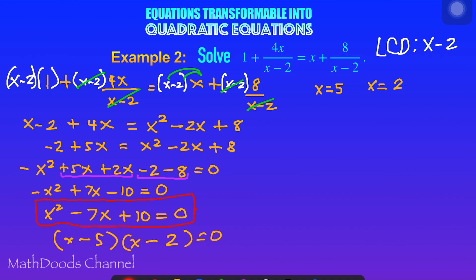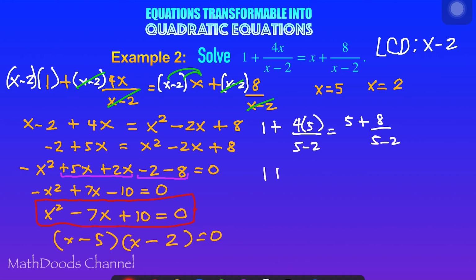Ngayon, i-check natin kung baka may extraneous root sa kanila. So, 1 plus 4 times 5 over x minus, ang x nga pala natin ay 5, minus 2 equals 5 plus 8 over 5 minus 2.